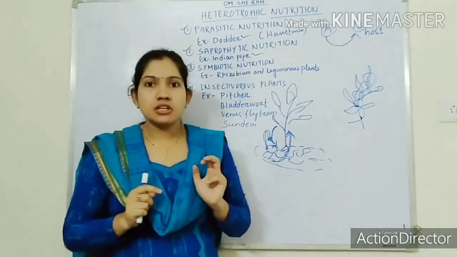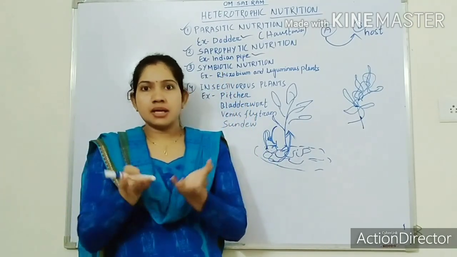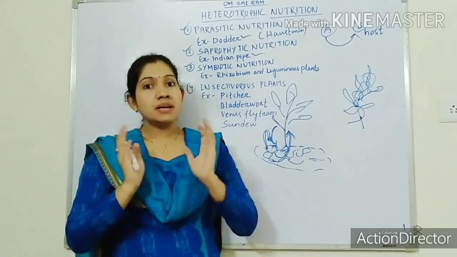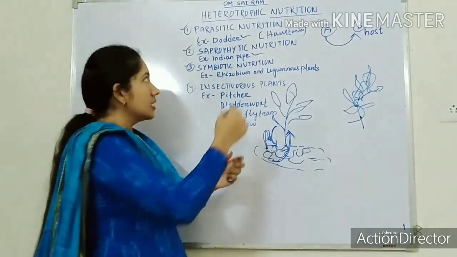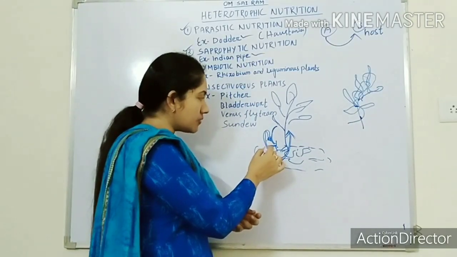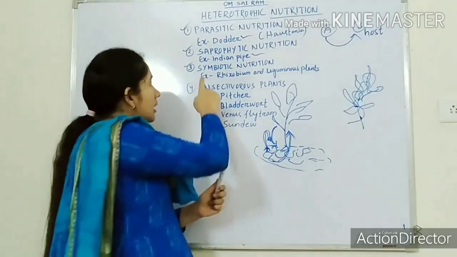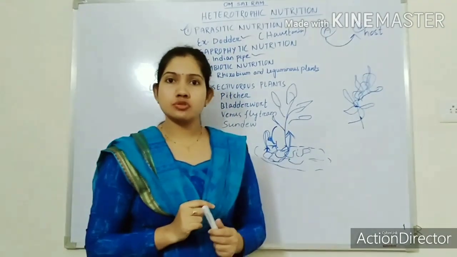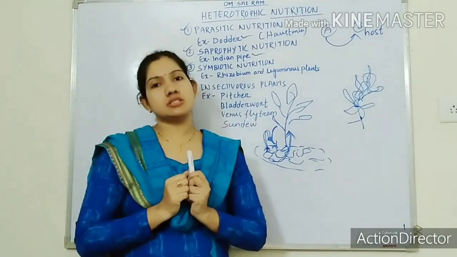In saprophytic nutrition, one organism will feed on the dead remains of another organism, but it will not harm, rather it will provide benefit. And in symbiotic nutrition also, both the organisms mutually benefit each other.